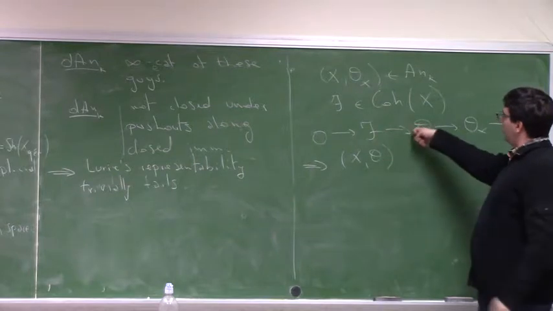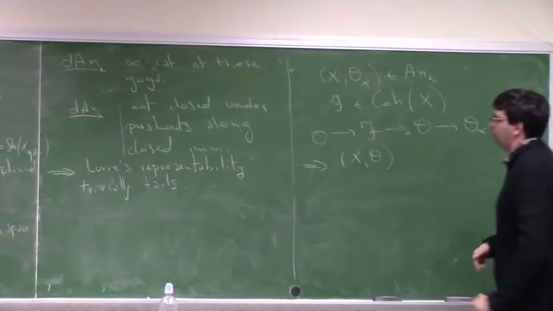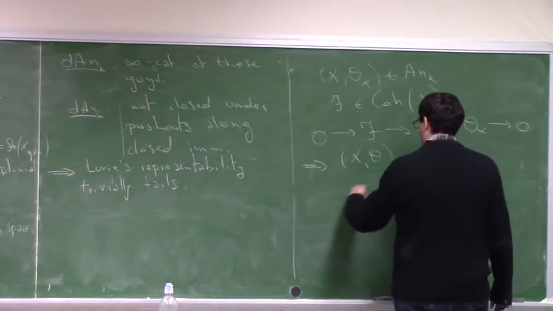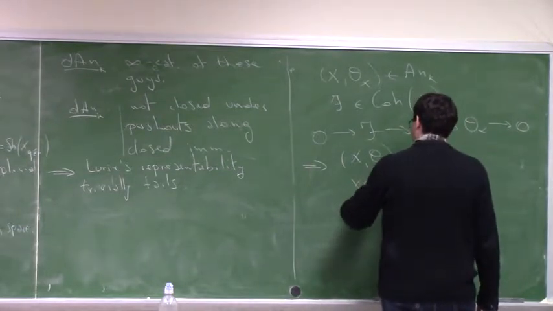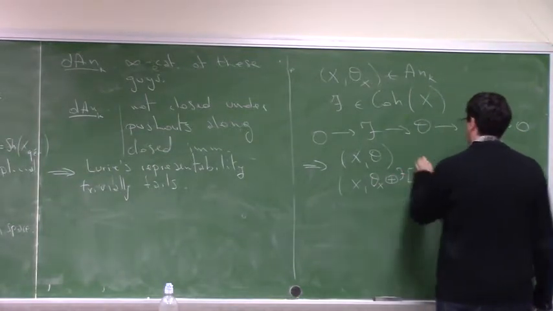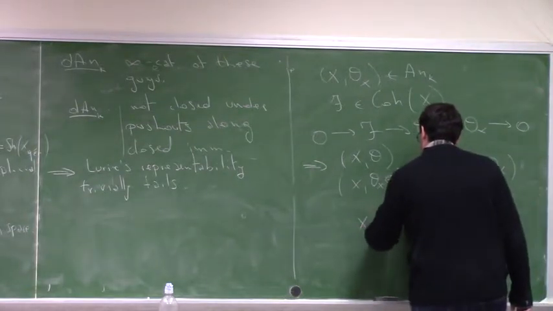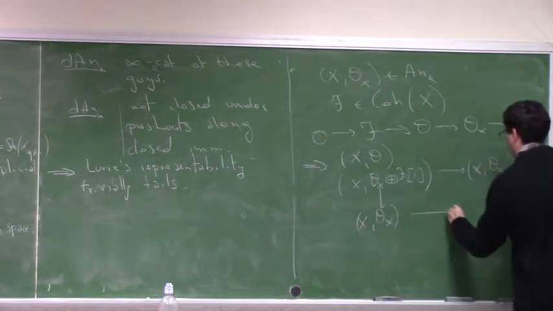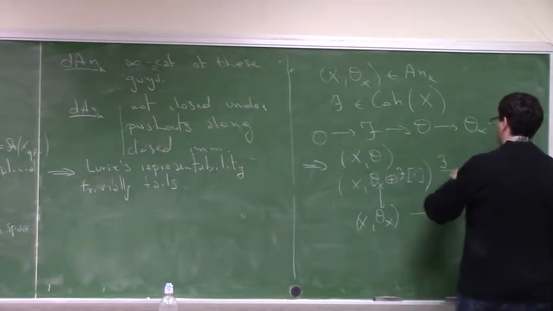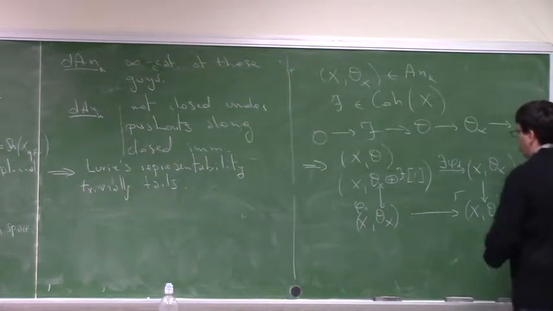This would always be true if this category were closed under push-out along closed immersions, because I can always describe this guy as a push-out of (X, OX) and (X, OX ⊕ F[1]). I can always choose a morphism here such that this is a push-out.